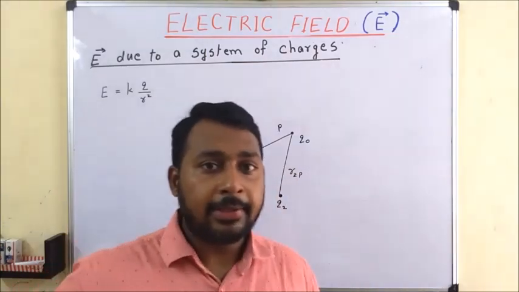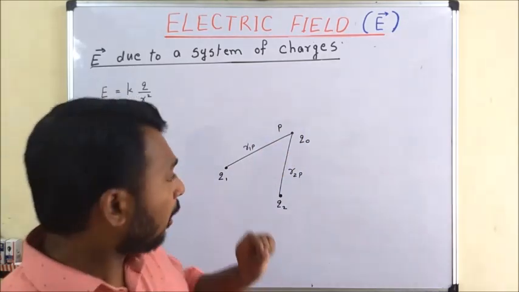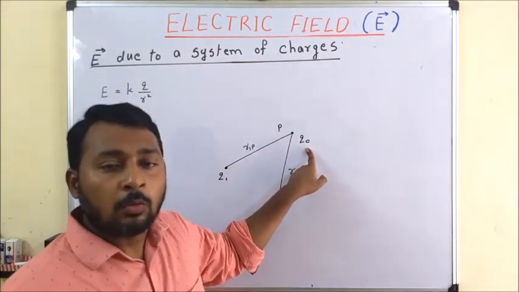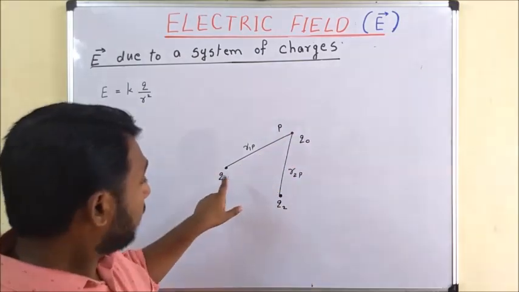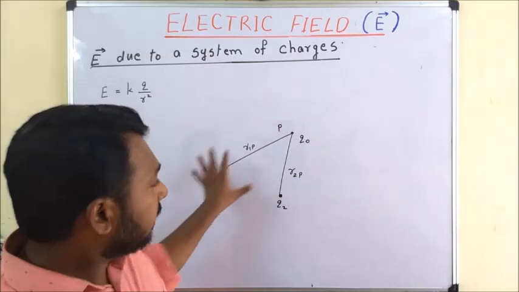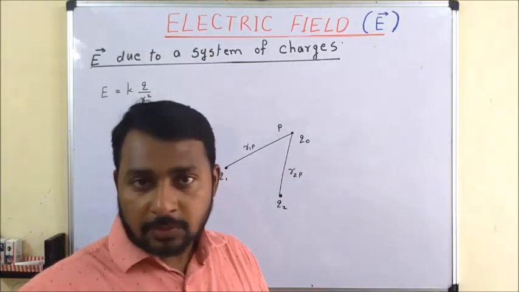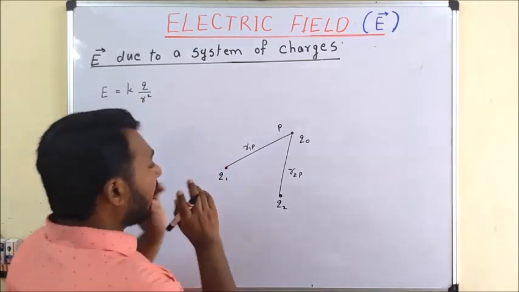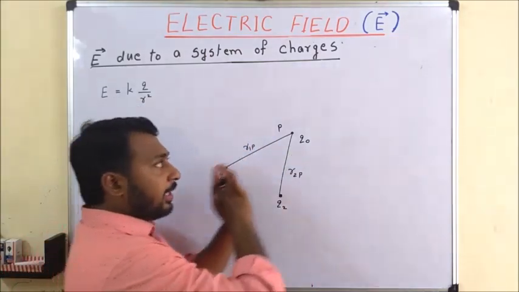Okay, got it. Now, at this point P, on this charge Q naught, there will be a force due to Q1 and Q2, and all these three are positive, so the action will be repulsive force. What will be the direction of force on Q naught due to Q1? It will be in this direction.